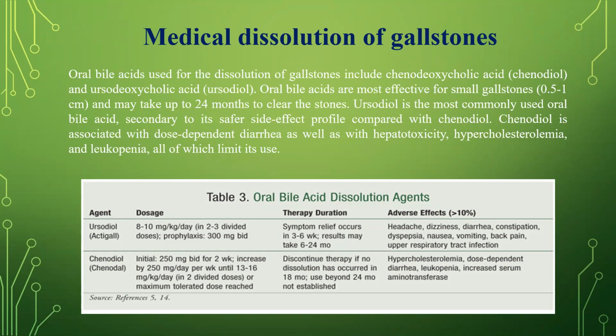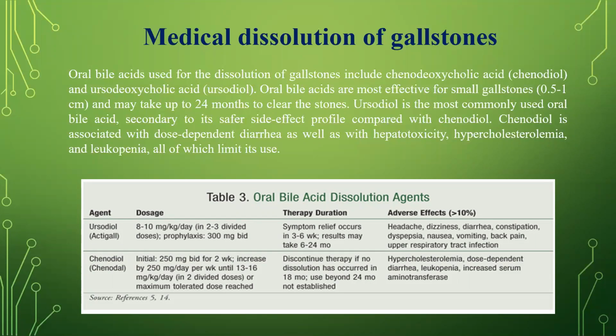Oral bile acids used for the dissolution of gallstones include not only chenodeoxycholic acid and or desoxycholic acid. They are most effective, as we said already, in small gallstones. On the table presented in the slide, you can see not only dosages but therapy duration and possible adverse events such as headache, dizziness, diarrhea, hypercholesterolemia, leukopenia, and increased serum, for example, aminotransferase.